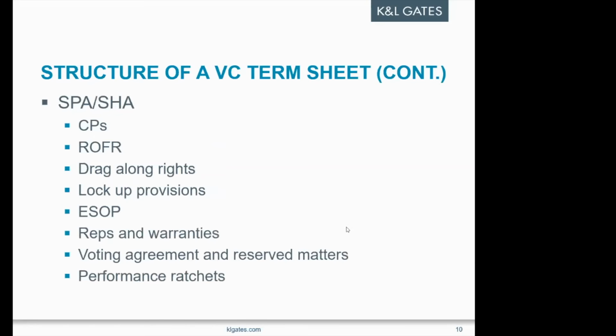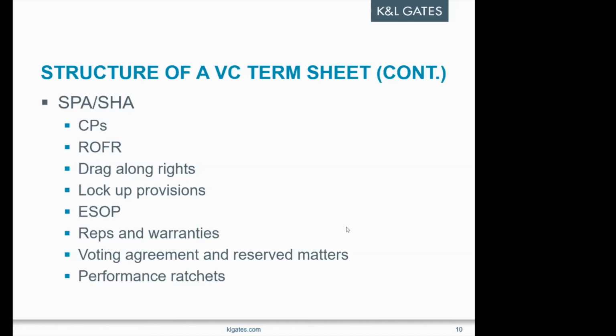The second section in relation to the share purchase agreement or the stock purchase agreement and the shareholders agreement, you'll see a couple of terms here, and one of them is in relation to the conditions precedent, or CPs for short. These are conditions that usually have to be satisfied before an investor is bound by a certain subsequent obligation.